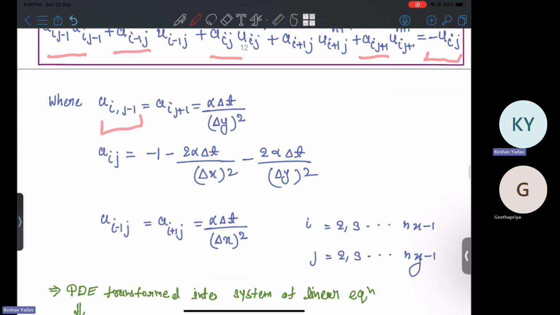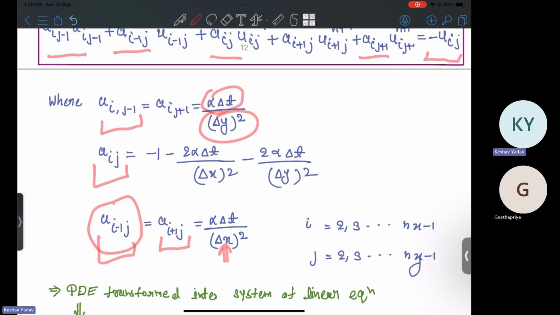So here, if you do that, these are the values that you will get. Uij minus 1 equals Uij plus 1, which equals alpha delta t upon delta y square. Similarly, Ui minus 1j equals Ui plus 1j, the same value but with delta y replaced with delta x.